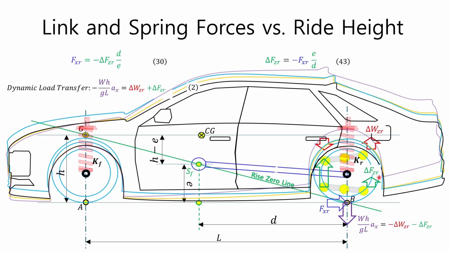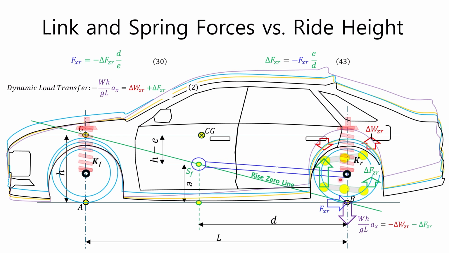Once delta FZR is known, the spring force and displacement can be determined from equation 2, and the ride height and pitch angle can be calculated. When the suspension geometry is determined, the magnitude and direction of the resultant force of the links, delta FZR, are determined. Let's examine how delta FZR changes depending on the suspension geometry.